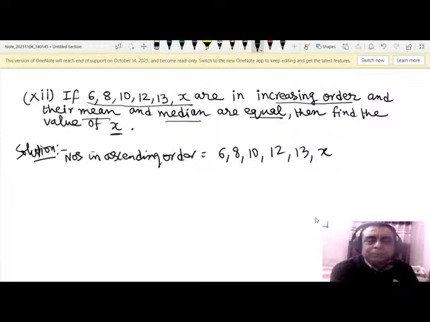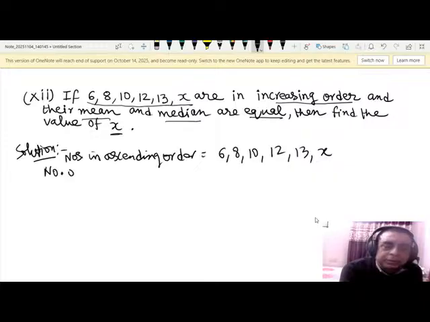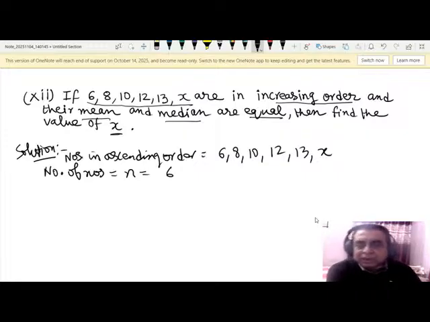Now count how many numbers there are: 1, 2, 3, 4, 5, 6. There are 6 numbers. I am denoting the number of numbers by n, which is 6. When there is an even number of numbers, there are two medians.